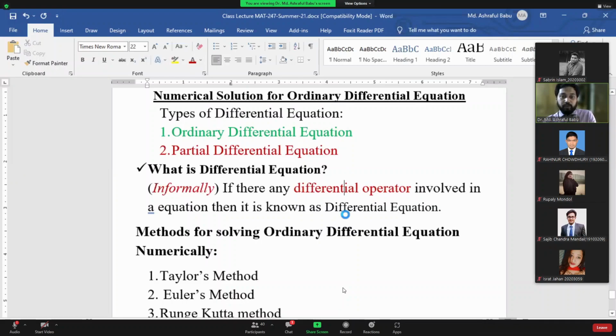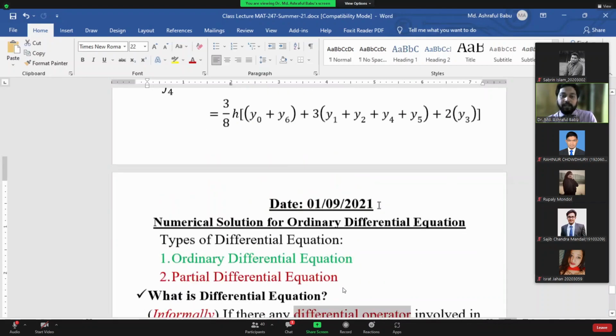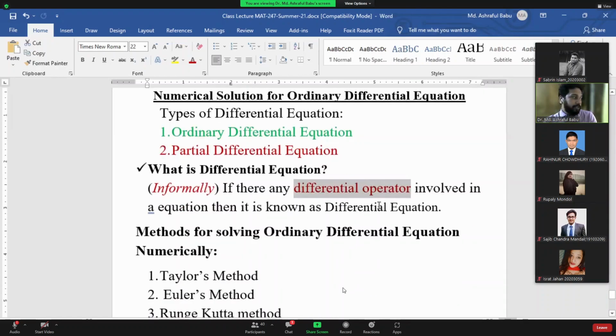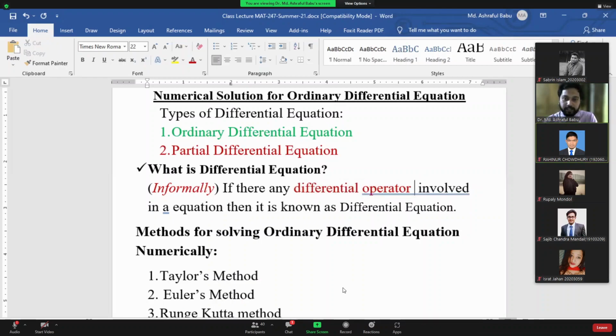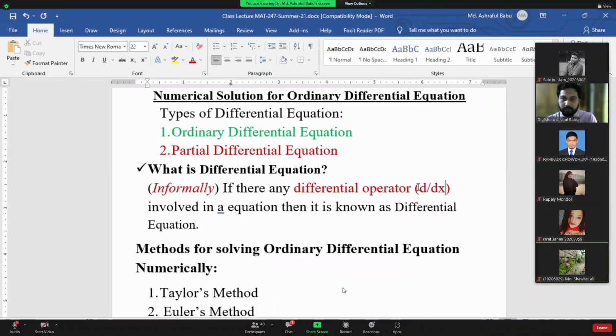First of all, you know what a differential operator is. That is what I discussed in the last class. If you see d/dx, that is actually the differential operator. You know these things, d/dx or something like that. So this is the differential operator.